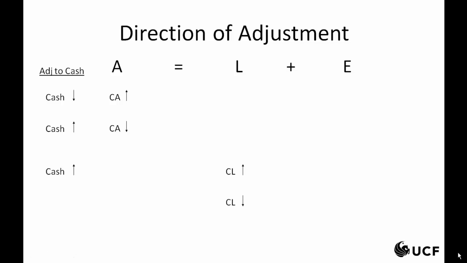Likewise, if the balance in your current liabilities account went down, what would you have to do to cash to keep the equation in balance? You would have to decrease it. Notice that what you do to the cash here is the actual direction of the adjustment you're going to make when you're doing the indirect method in order to correct for any differences in current asset and current liability balances. And that's our tutorial on adjustments and the cash flow statement.